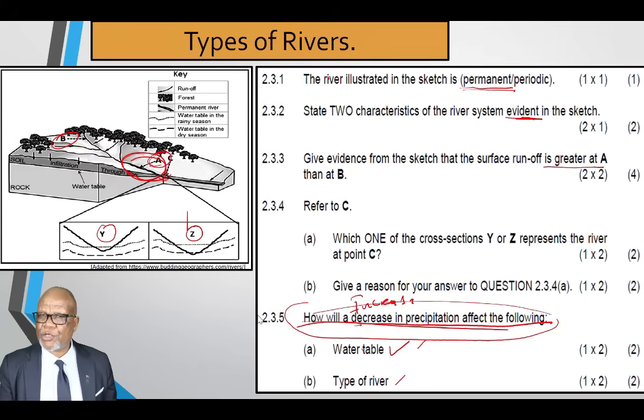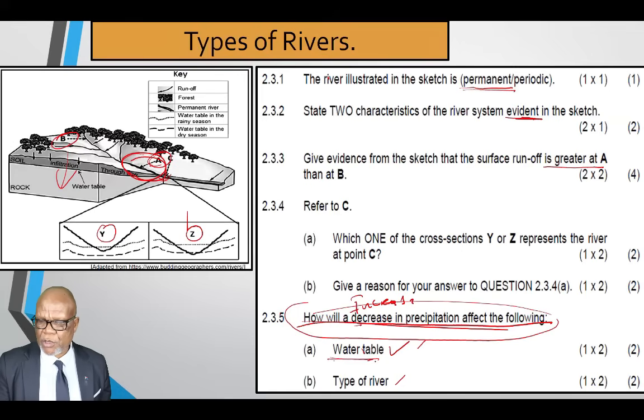One of the questions could be, how will prolonged drought impact on the water table? So drought is also going to result in a drop in the water table. It is also going to result in a river becoming periodic. Sometimes they can ask you, how will the extraction of a well, something that we use to extract groundwater, impact on the water table?